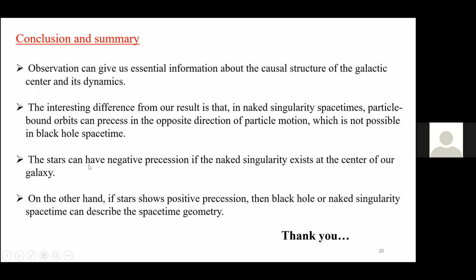And the stars can have negative precession if the naked singularity exists at the center of our galaxy. On the other hand, if stars show positive precession, then black hole or naked singularity spacetime can describe the spacetime geometry.